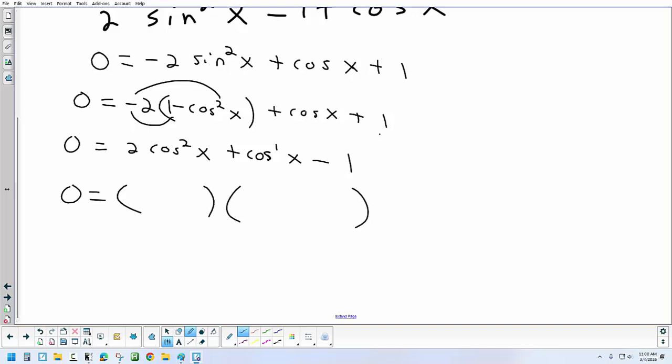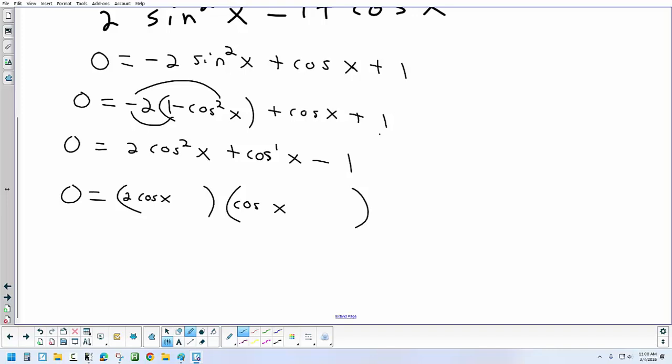Does anybody see how? Well, let's just go step by step. What would be the first term in each of my parentheses? 2 cosine x and a cosine x, just like having a 2x and an x. Same idea. What about your signs?